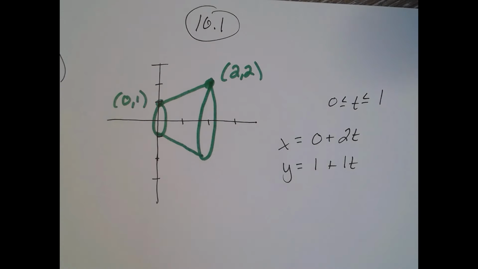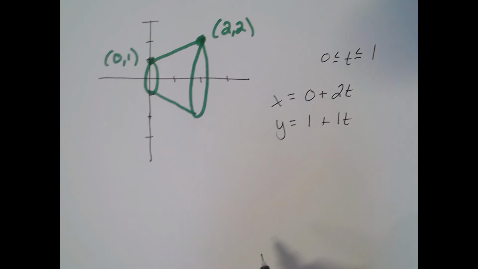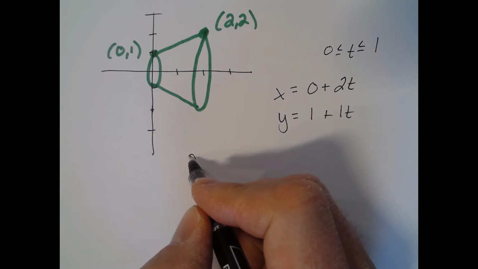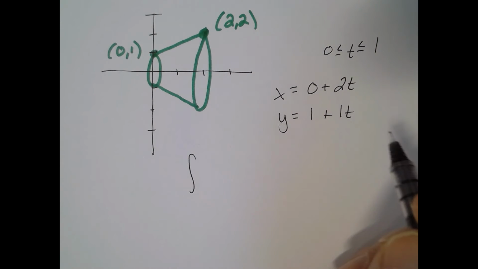Okay, so we've got our surface area equation for parametric equations. It'd be the integral. In this case, we're integrating from 0 to 1 for t.